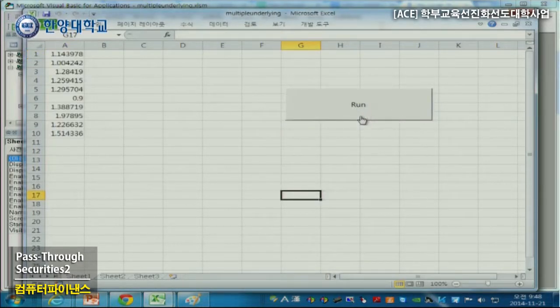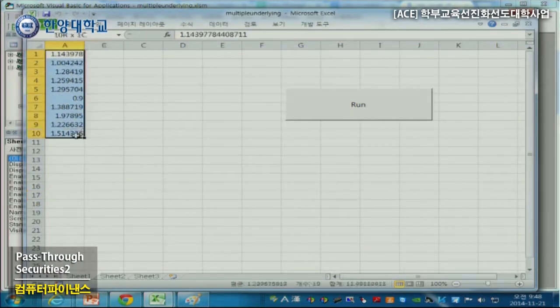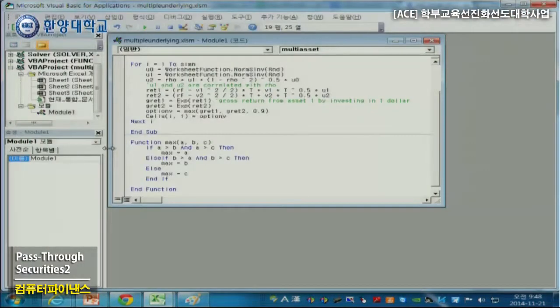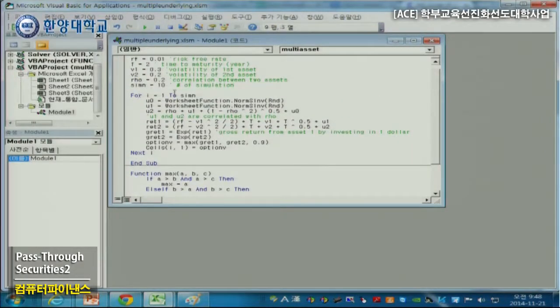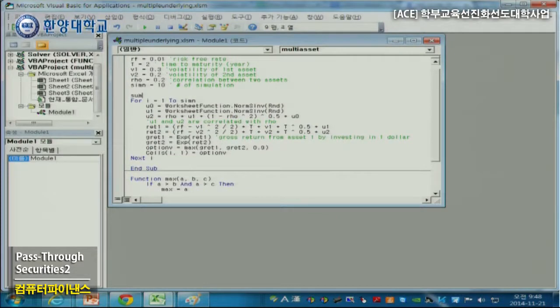Okay, something like this. Then of course next we have to get the average of this and discount it back, right? And then how can we get the average of this? We have to define something like sum v, the value sum, which starts from 0.